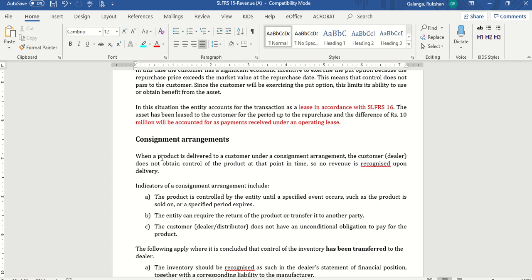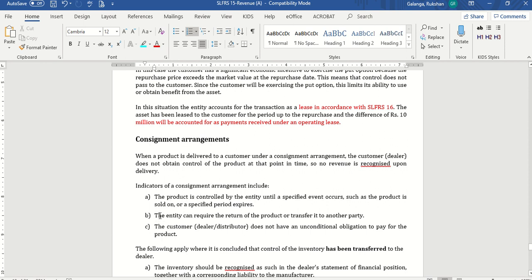The first one: the product is controlled by the entity until a specified event occurs, such as the product is sold on or the specified period expires. That means now one party is selling to the dealer, saying he can't do any modification. This is how you have to sell it as it is to the third parties, because he is the one who controls the product.